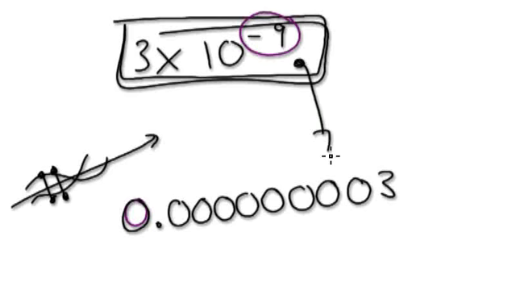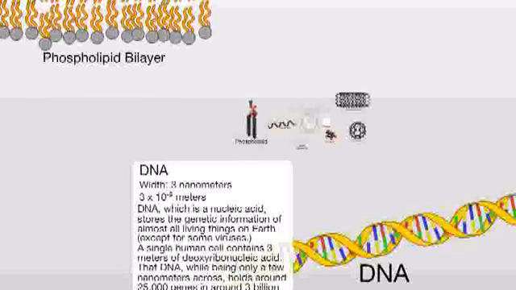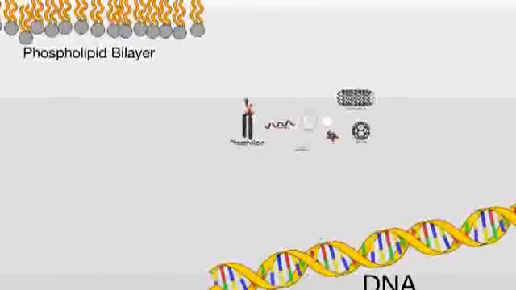So this number here is this number here, and it's meters. So this DNA strand is this many meters wide. Okay, so let's continue zooming in. So that's your DNA strand.